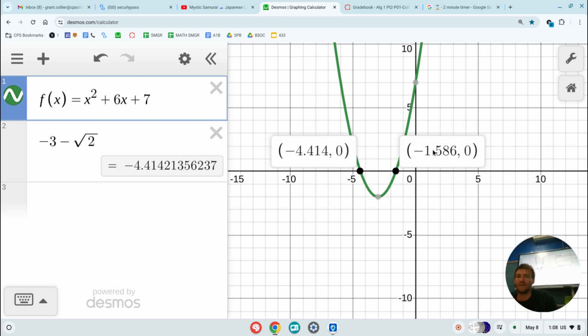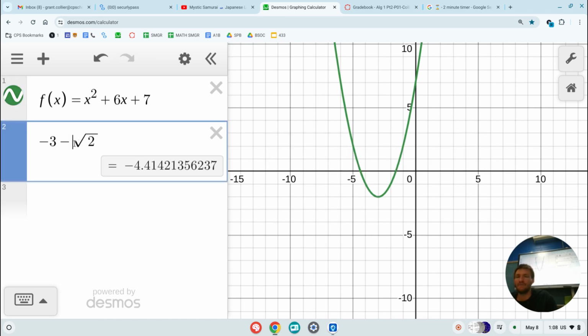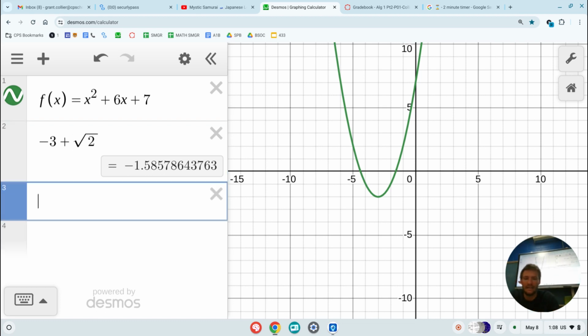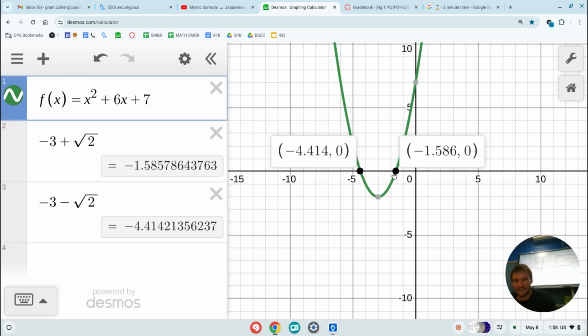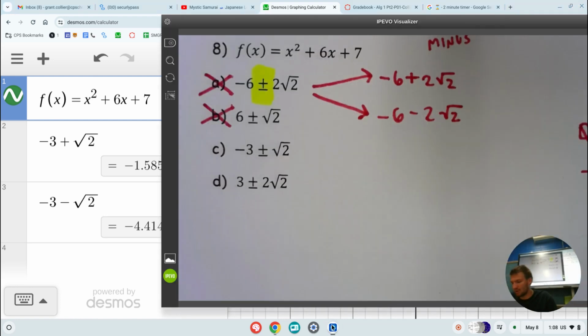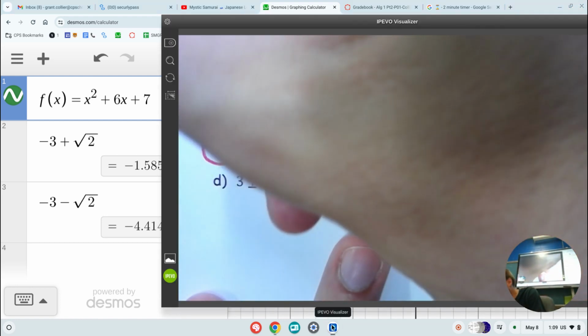Where do we get that number from? If you put a plus, now it's going to be negative 1.586. So the plus or minus, one answer comes from a plus, one answer comes from a minus. Negative 3 minus square root 2. Here's both of them at the same time, plus or minus, and then look at your answers here. We have a perfect match and a perfect match. So, C is the answer.